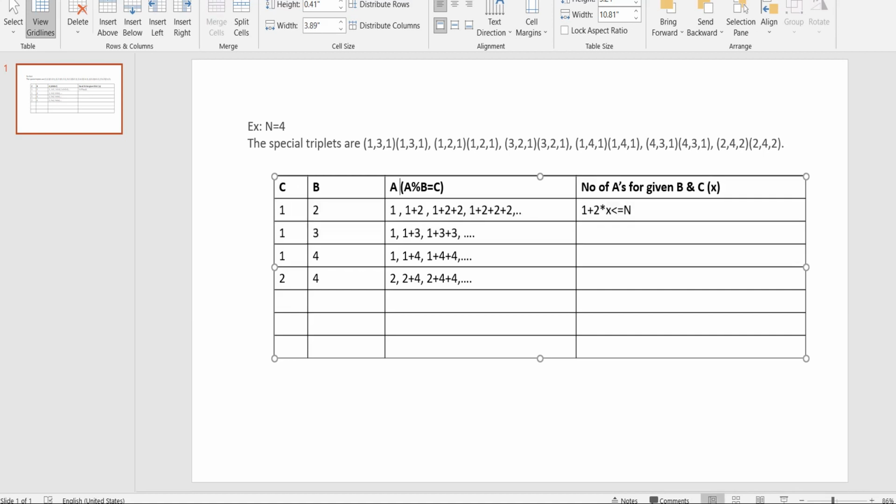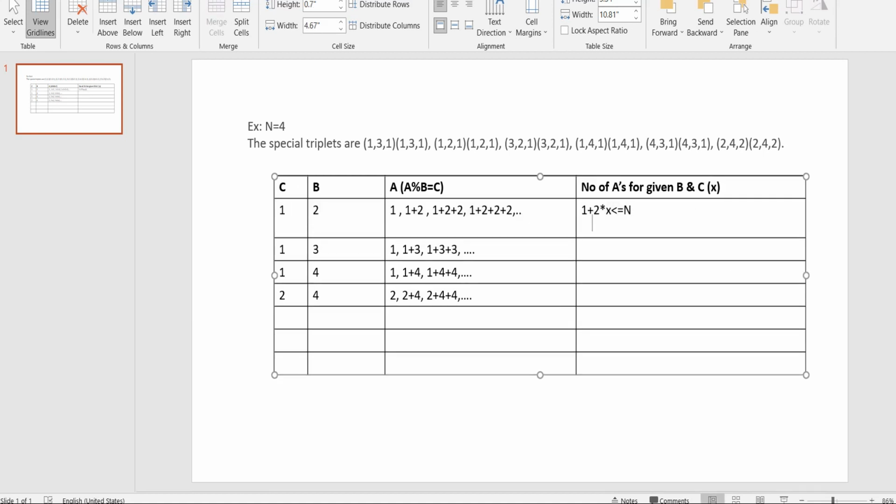On solving this, we get that x should be less than or equal to n minus 1 divided by 2.